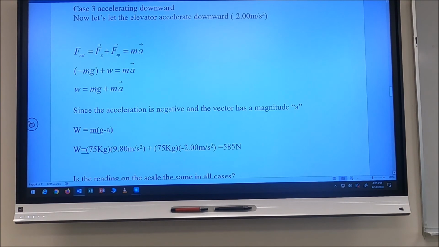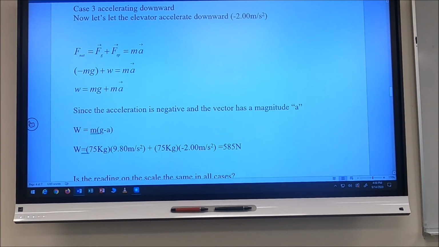So if we're accelerating downward, working through the same thing, the sum of the forces in the y direction would be force due to gravity plus force of the spring equals ma. So I have minus mg plus w equals ma. So w equals mg plus ma.